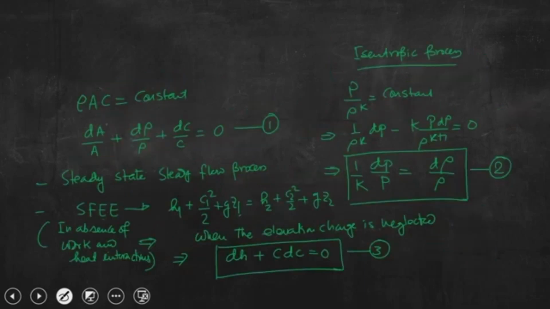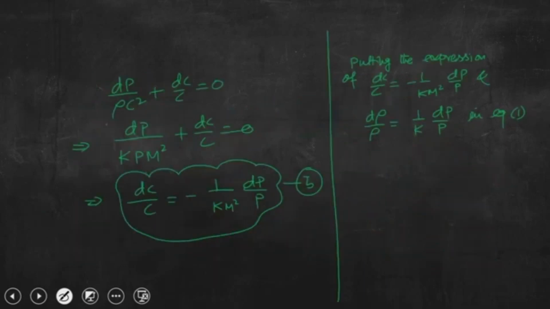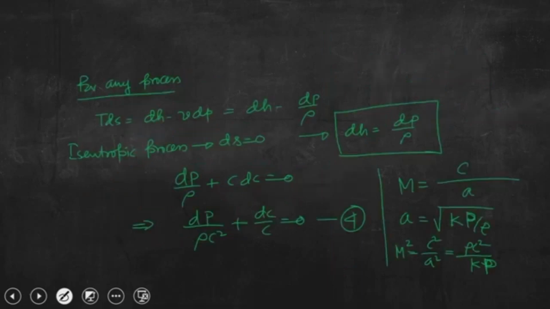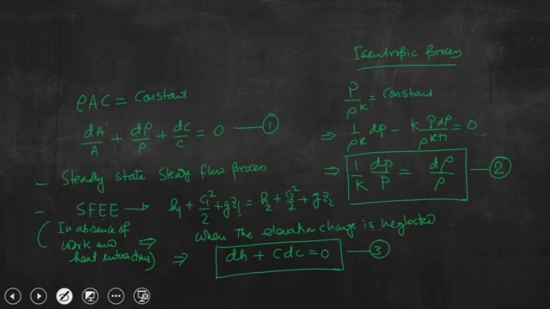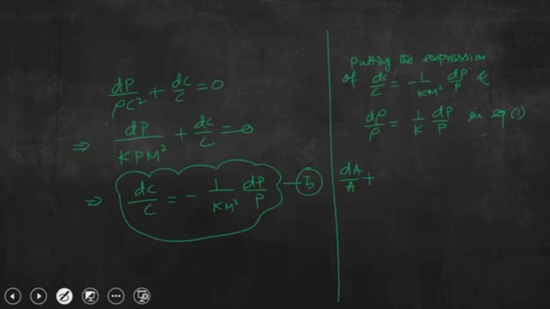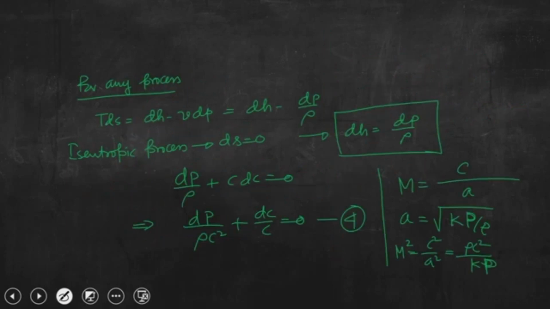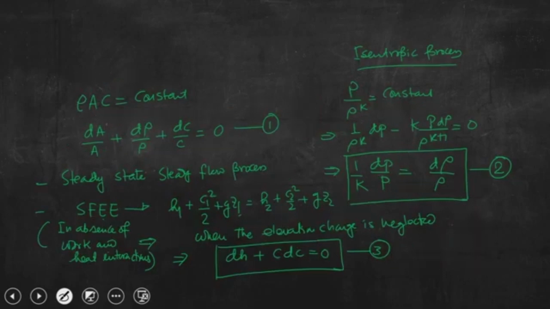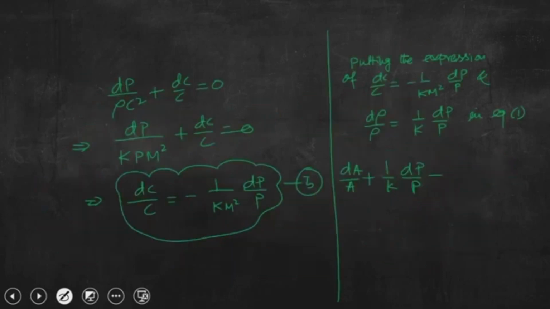What we can write is dA by A. What is d rho by rho? d rho by rho equal to 1 upon k dP by p, and then we have dC by c, minus 1 upon k M square dP by p, equal to 0.